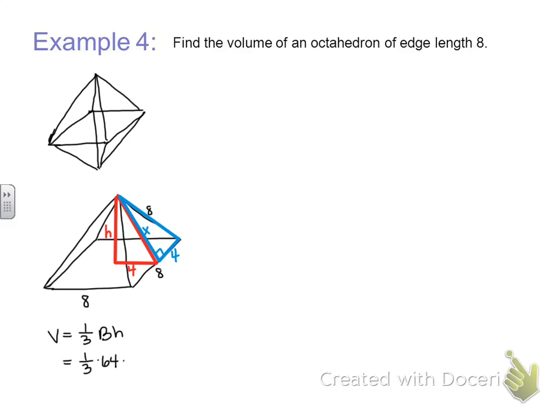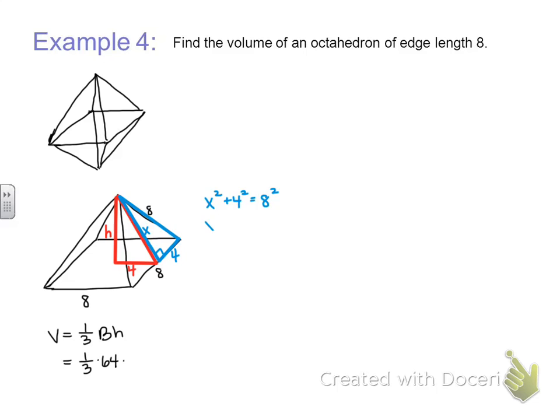Okay, so what's my Pythagorean theorem set up there then? For that blue triangle, how would I set that up? x squared plus 4 squared equals, yep, 8 is your hypotenuse on that one, so equals 8 squared.